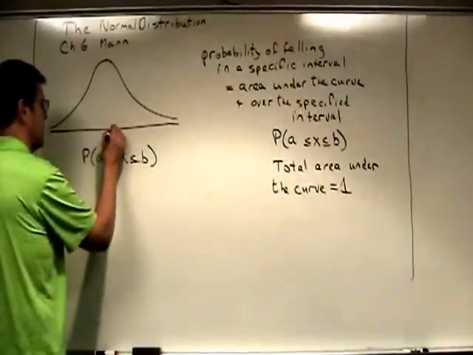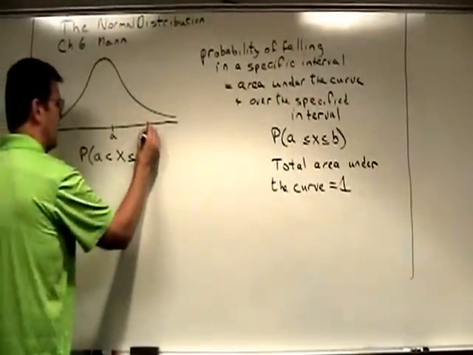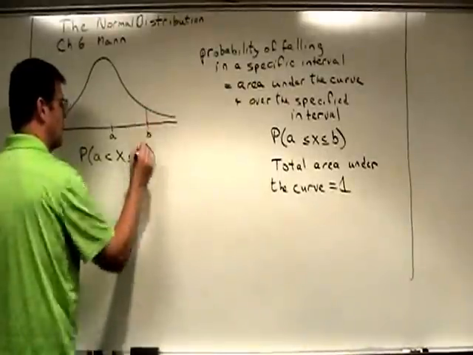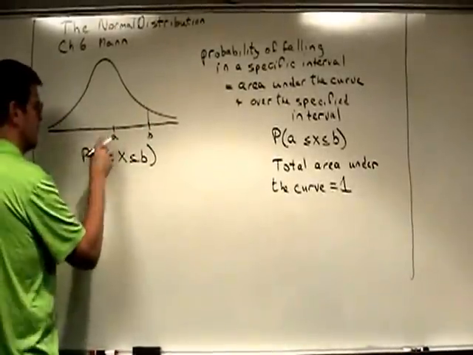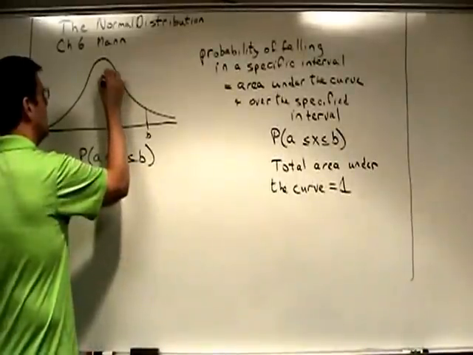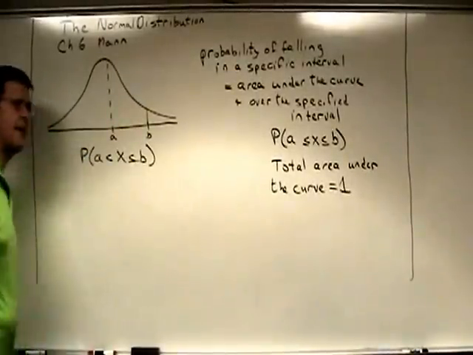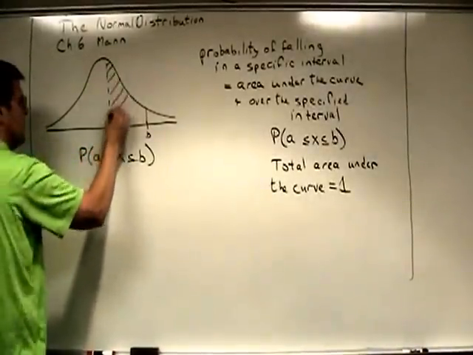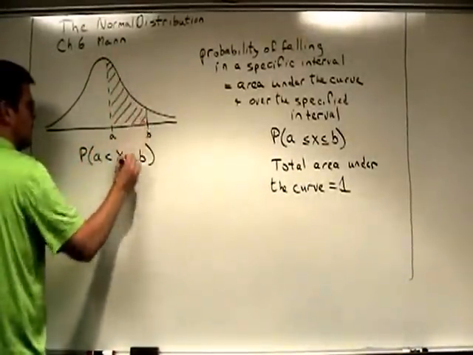So let's say that a is right here and b is right here. We're including b, so we're going to have a solid line right there, but at a, we're not including it, so we're going to have a dashed line right there. And we're still looking at the area in between.